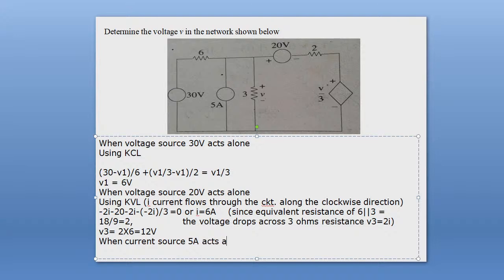5 ampere acts alone. Then we can write using KVL, not using KCL.